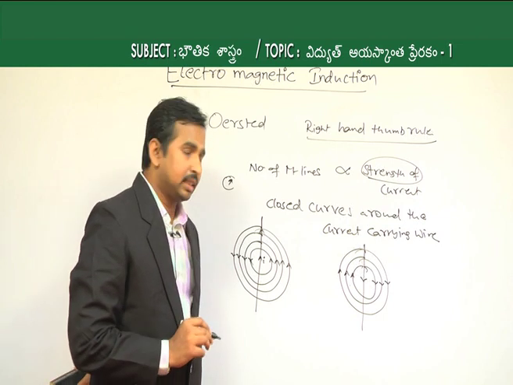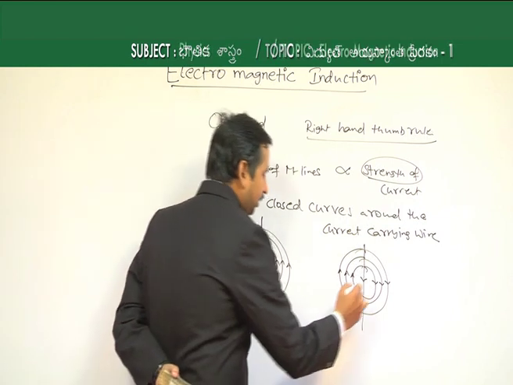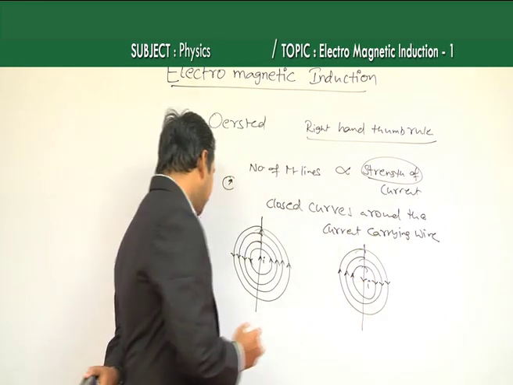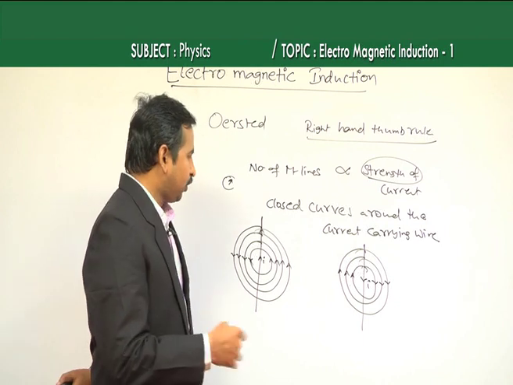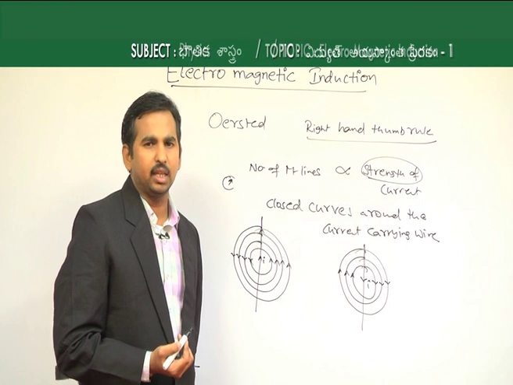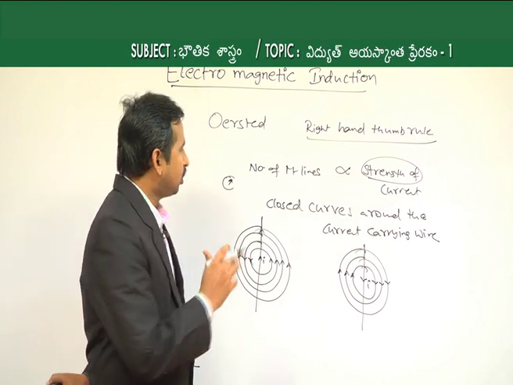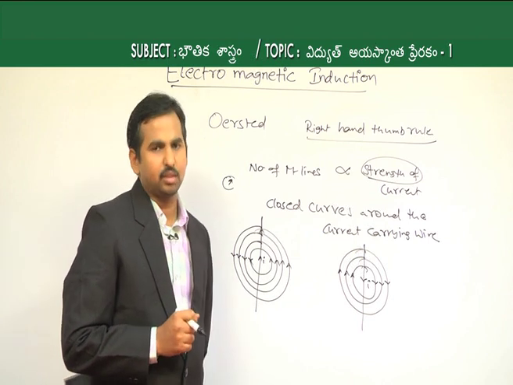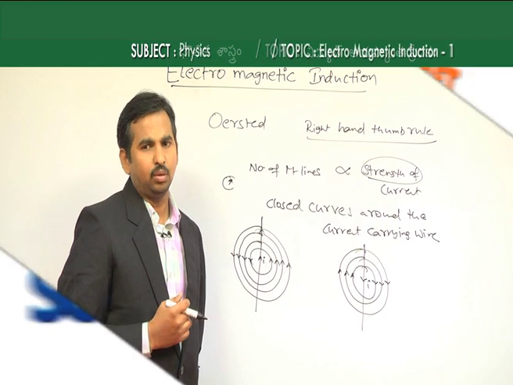Like this we get the direction of magnetic lines of forces for the wire, downward direction and upward direction. If you increase the current more and more, gradually the number of magnetic lines coming around also increases. These are the properties of magnetic lines of forces around a straight conducting wire.